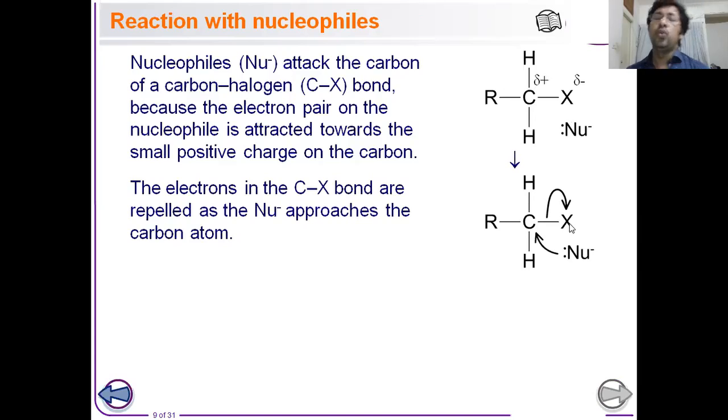It can be fluorine, chlorine, bromine, iodine, any haloatom. So it will pull both the bonded electrons as it is more electronegative. We have to use the curly arrows this way.